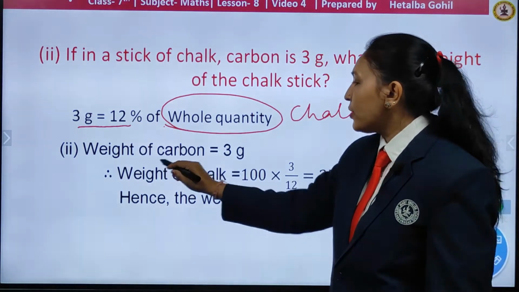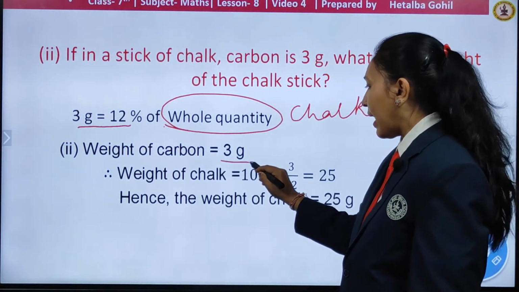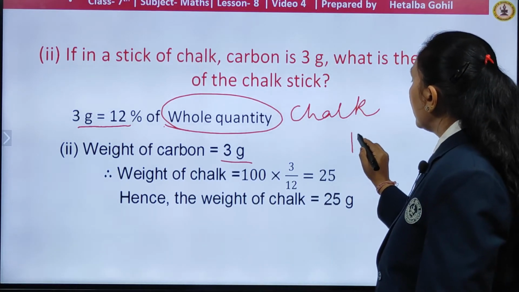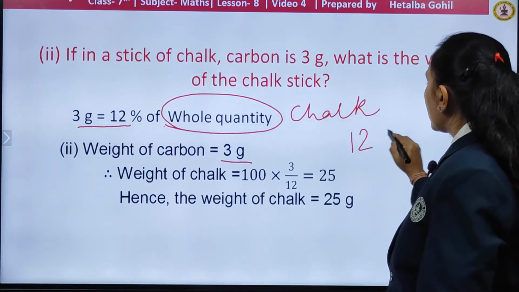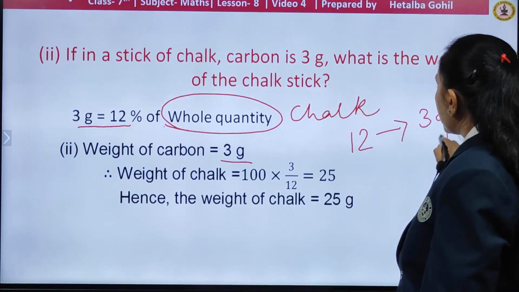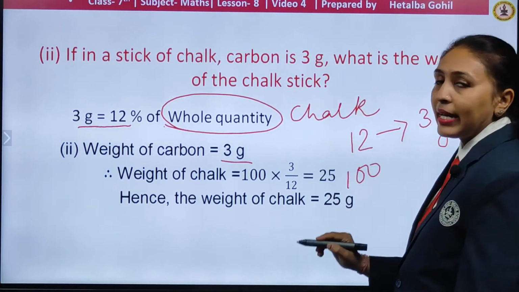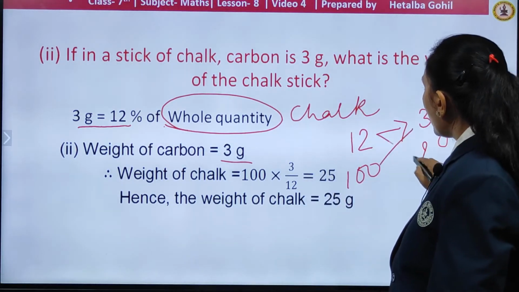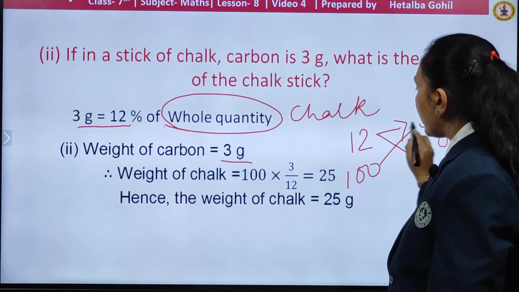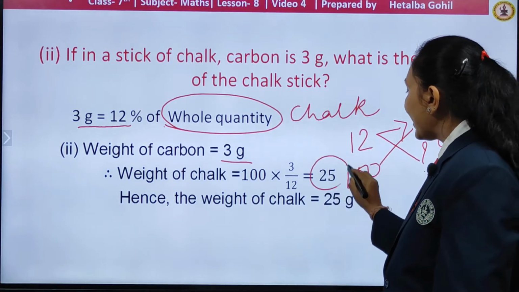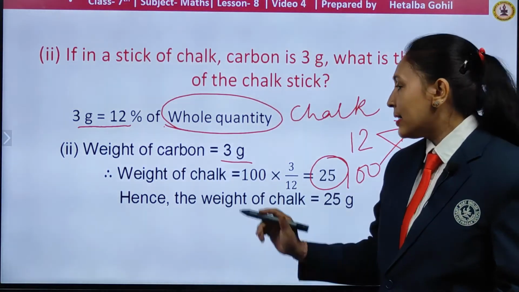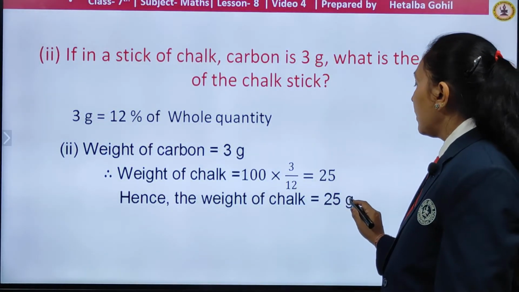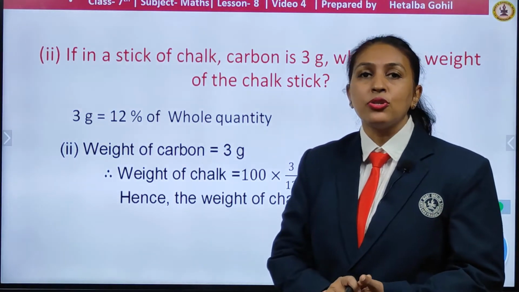So 12% is equal to 3 grams. If it is the whole quantity, we will take it as 100%, how much? So when we cross multiply, 100 into 3 divided by 12, you will get 25. That is 25 grams, the weight of the given chalk.